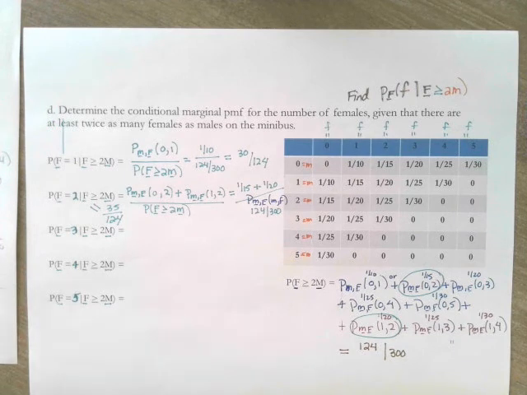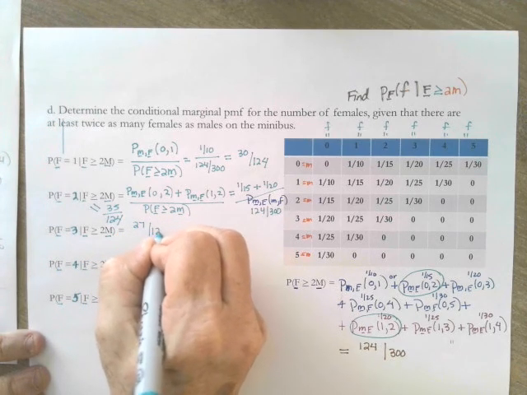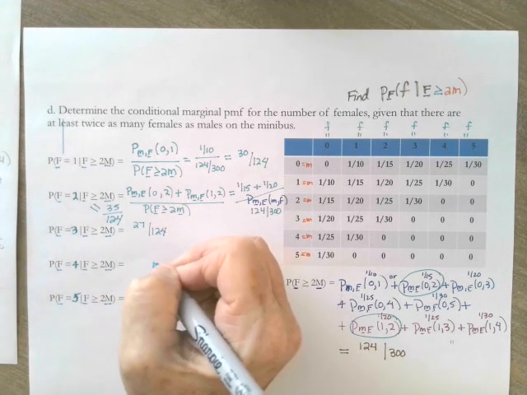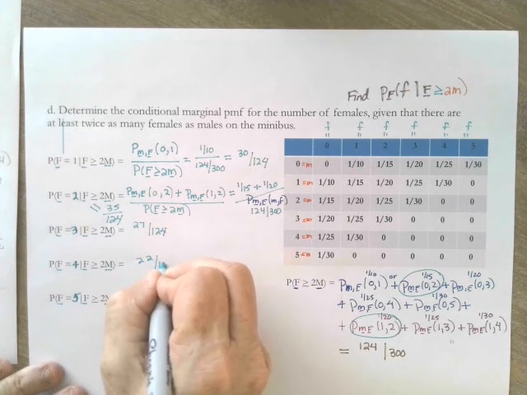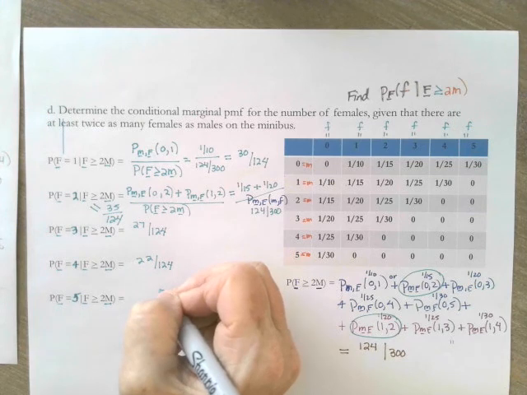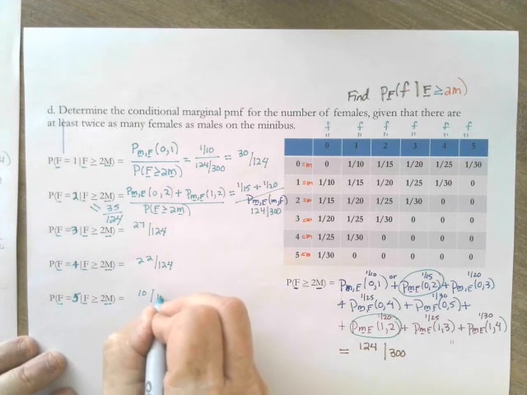Just those two, I guess. So that will end up being 27 out of 124. And then f of 4 will work out to be 22 out of 124. And then finally, f of 5 will work out to be 10 out of 124.